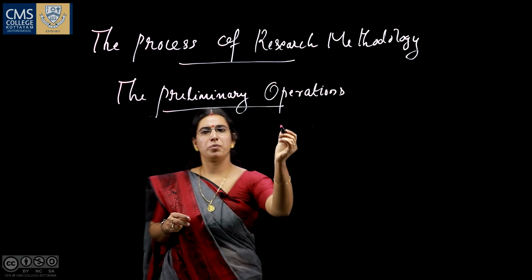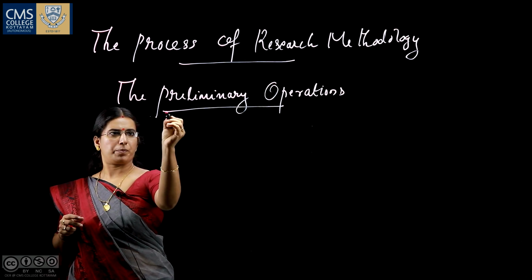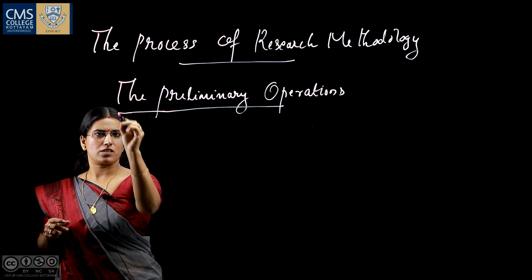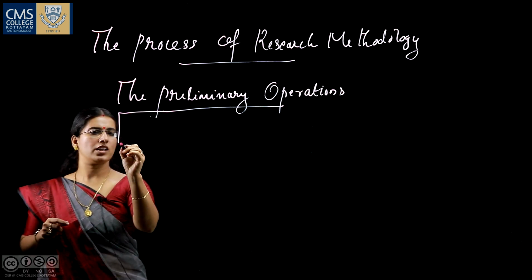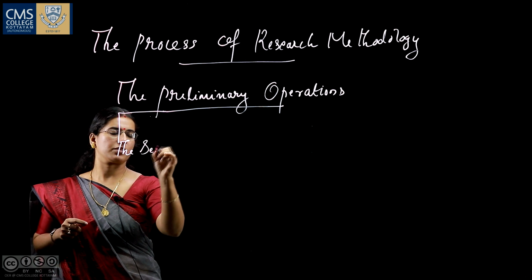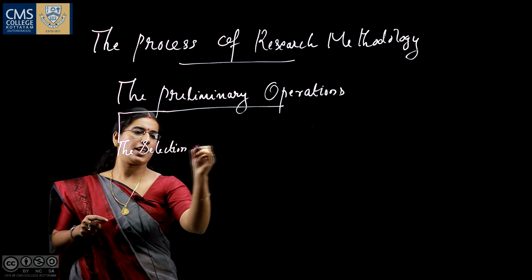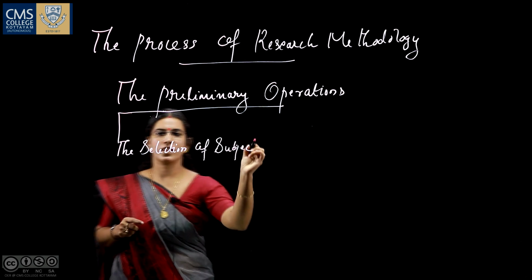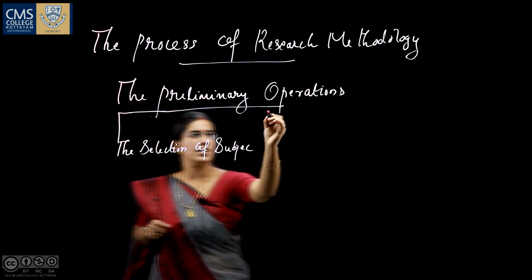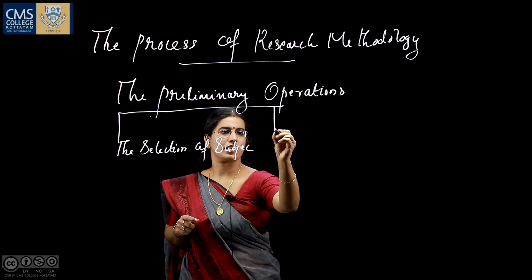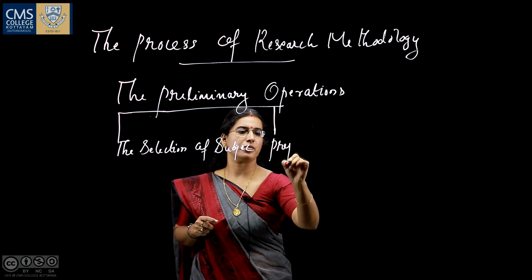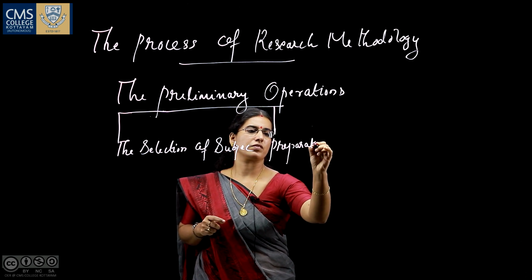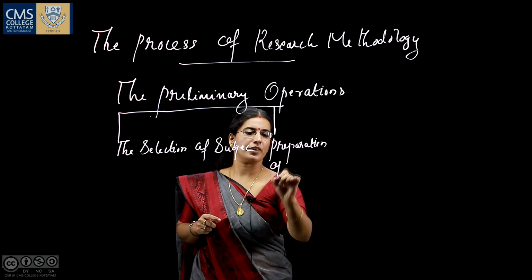In the preliminary operation, there are four processes. The first process is the selection of subject. The second process is the preparation of bibliography.